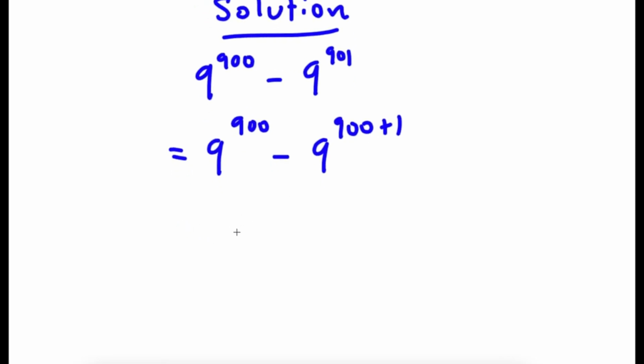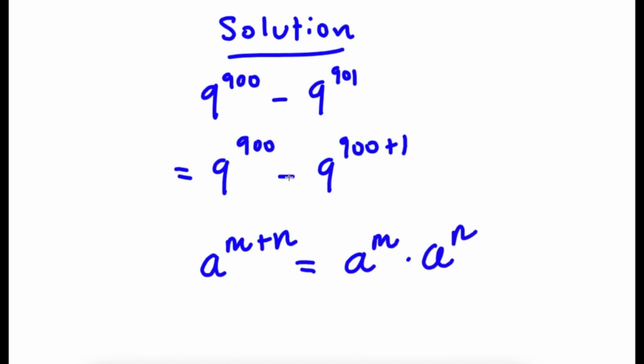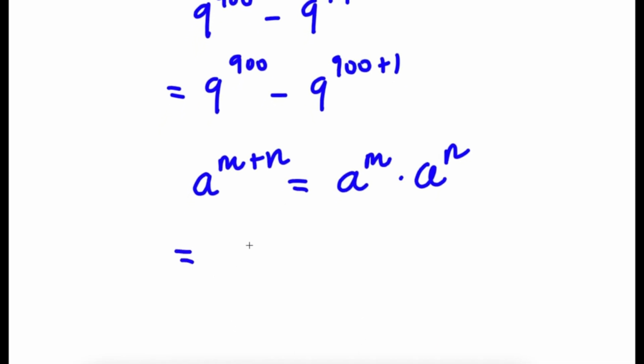And now if I have something in the form a to the power of m plus n, this is equal to a to the power of m times a to the power of n. So 9 to the power of 900 plus 1, that's going to equal 9 to the power of 900 times 9 to the power of 1.